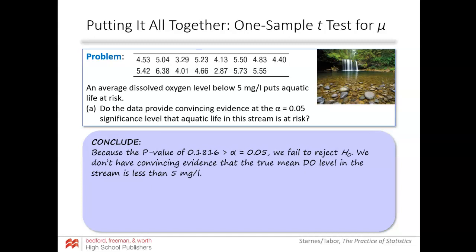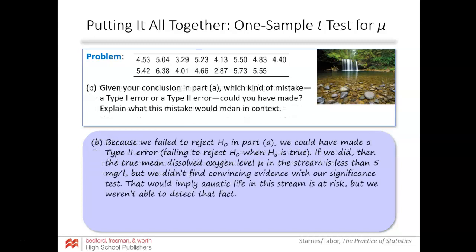So now they're going to talk to you about errors, and we need to think about what kind of error we possibly just made. If we fail to reject the null hypothesis, that means we run the risk of making what's called a type 2 error. That's where you fail to reject the null hypothesis, but it turns out the alternative actually is true in real life.